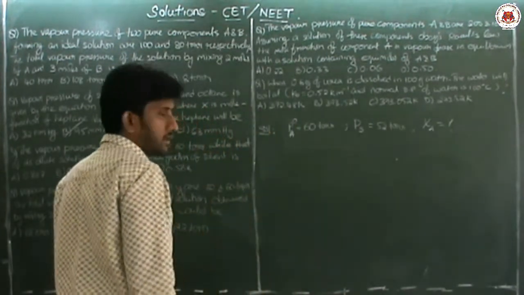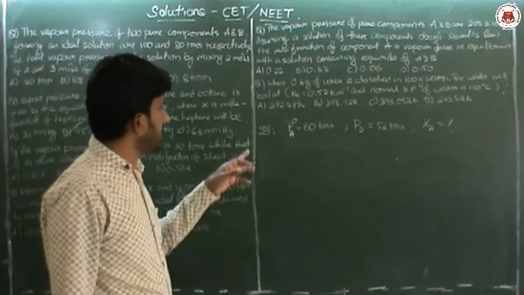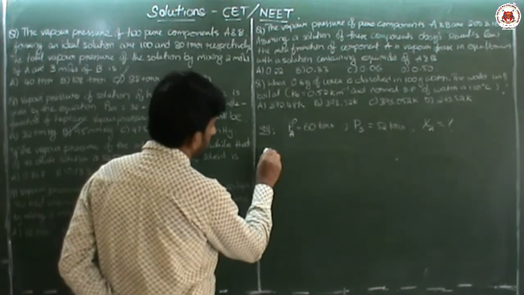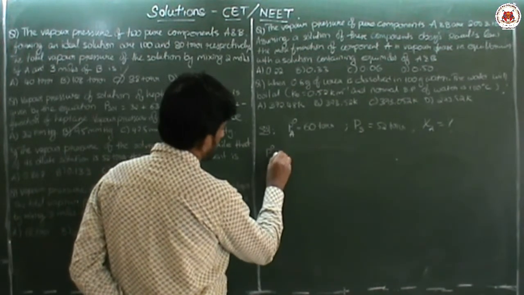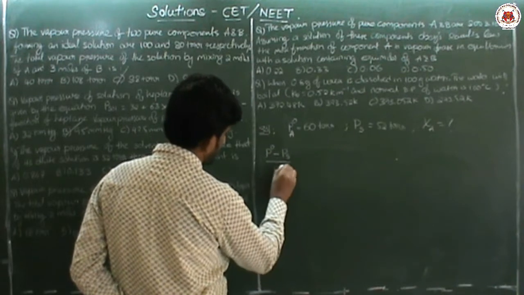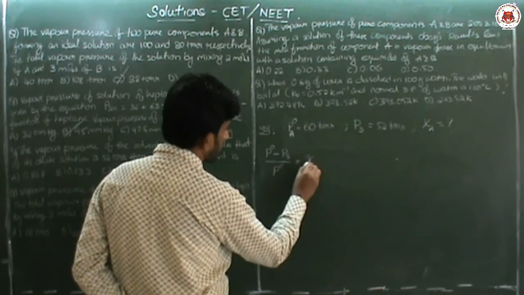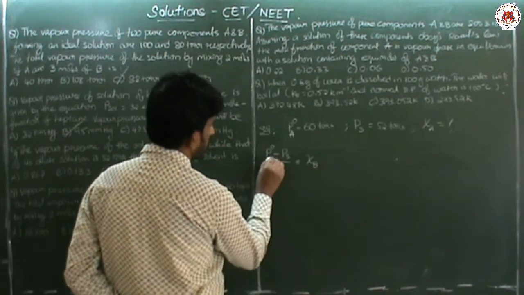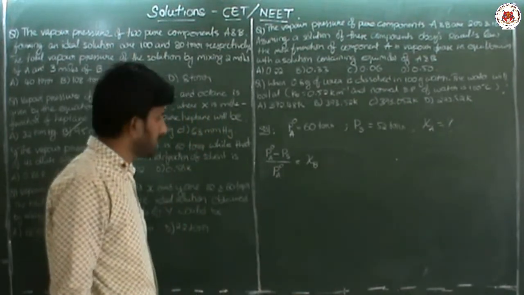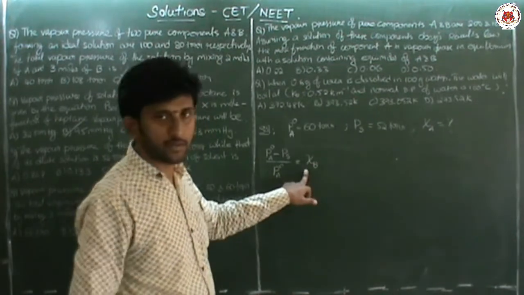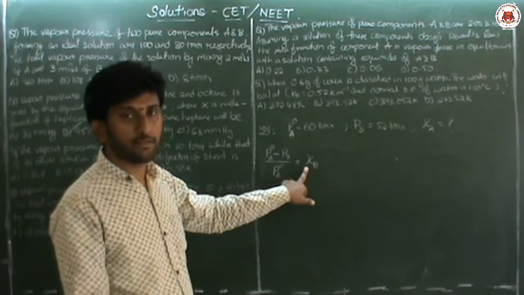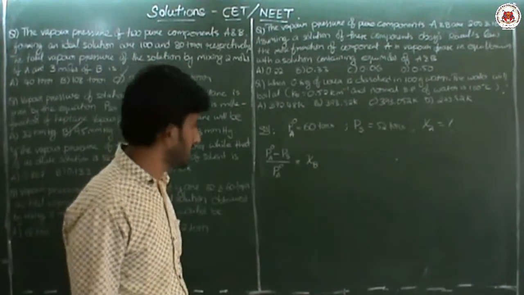Then according to relative lowering of vapor pressure, we have one formula. P naught minus Ps by P naught is equal to the mole fraction of solute. Here I am taking it as solvent. First let us find out the mole fraction of solute, then we can find the mole fraction of solvent.